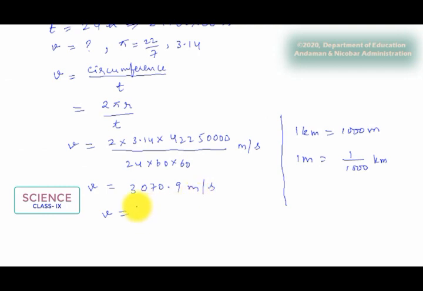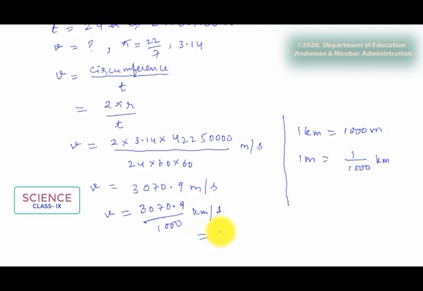So by dividing the speed by 1000, we get 3070.9 divided by 1000 kilometer per second. Further solving this, we will get 3.07 kilometer per second. This is our required answer.